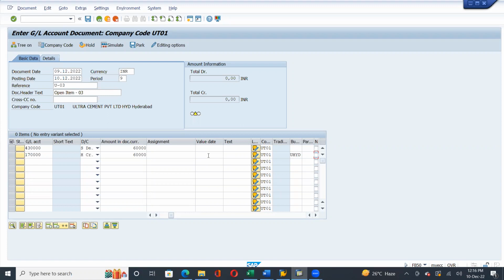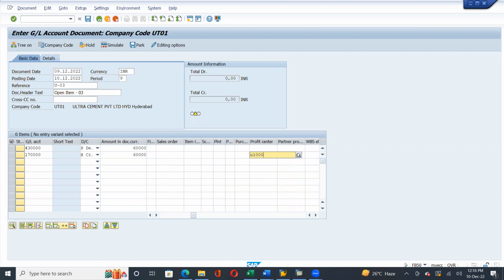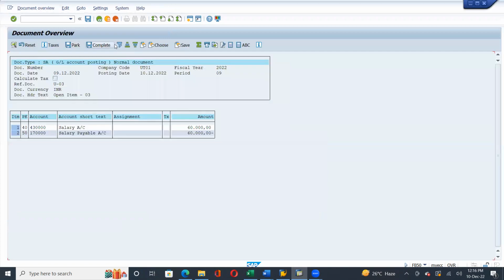And profit center U1000. Please mute it. Okay, click on simulate. Click on simulate, post.